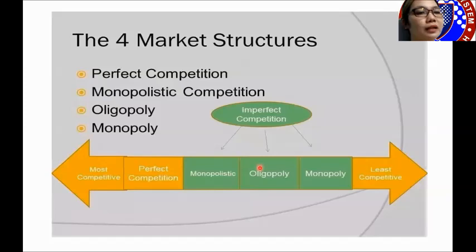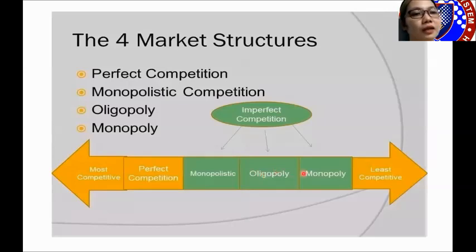And in monopolistic competition, it is quite the same, they produce or sell similar products, but there's competition also.